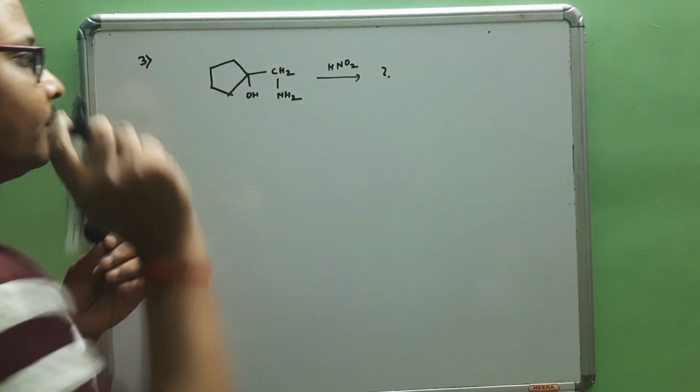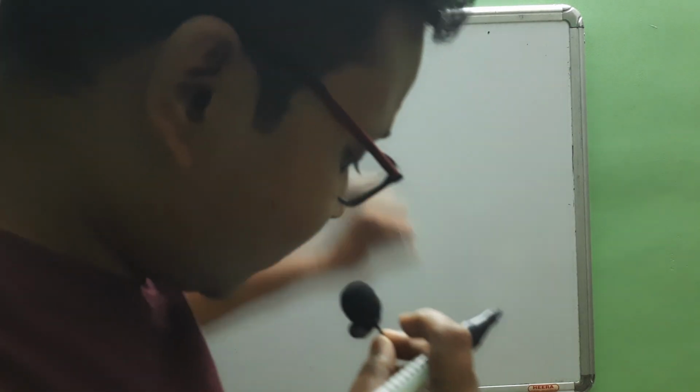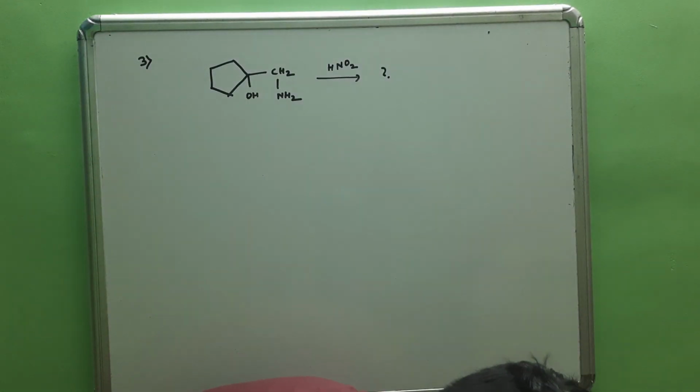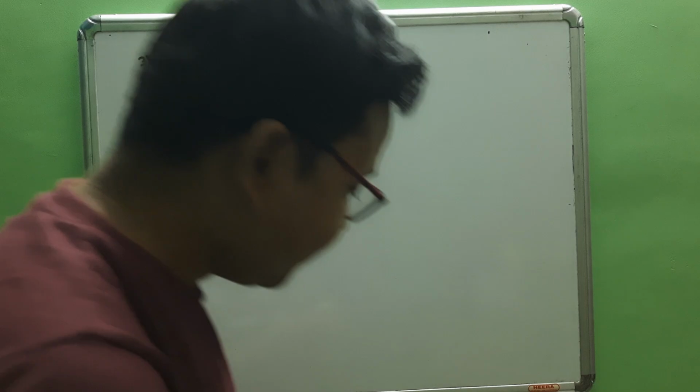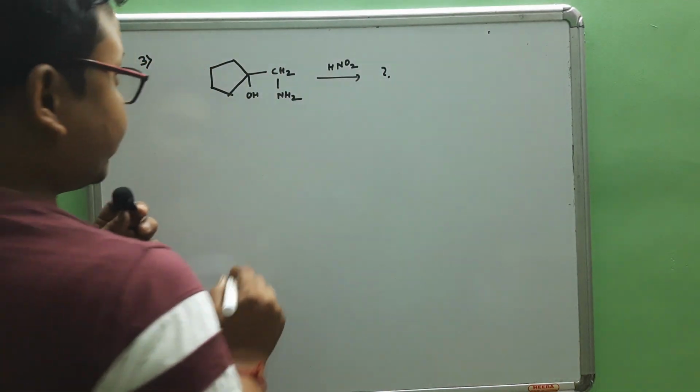What will happen? If this compound is treated with HNO2, what will happen? Okay, so this is basically a rearrangement reaction. And what is the name of this type of rearrangement reaction? This is called pinacol rearrangement reaction. So this is a pinacolone type rearrangement reaction.